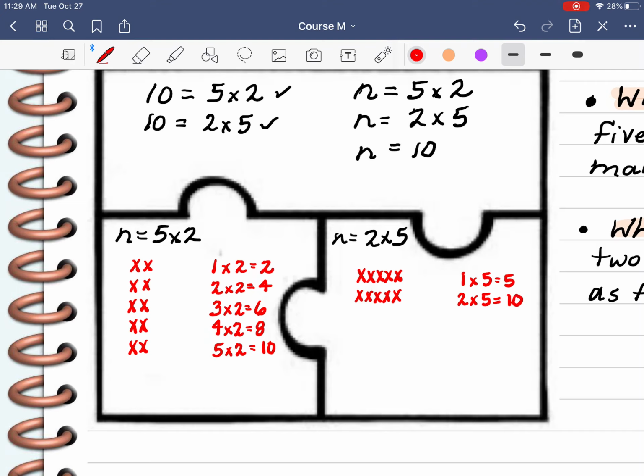And there is our 10. So either way we look at this picture, whether I'm looking at this picture or this picture, this kind of relates back to those area models. There are 10 x's in each of those pictures. It's just a matter of how we got to 10. There are 2 ways that we can get 10 x's.